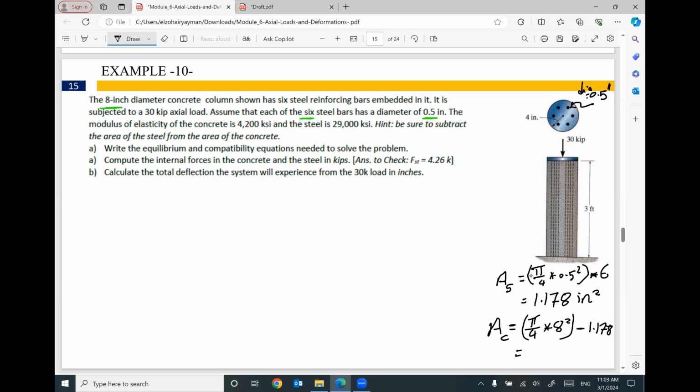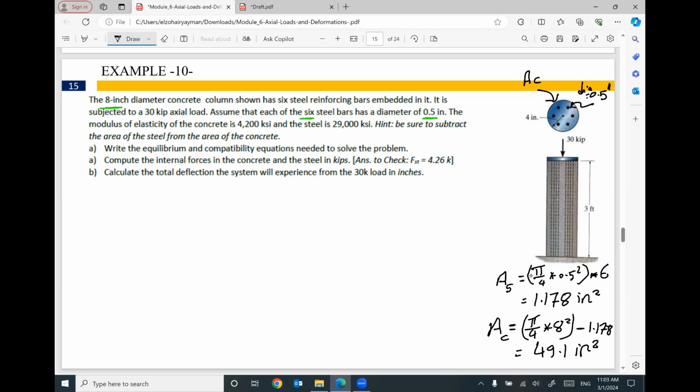So when getting the area of the concrete, which is the area of the circle, I have to subtract the area of the steel rebars. So pi divided by 4 times 8 squared minus 1.178 will be 49.1 inch squared.